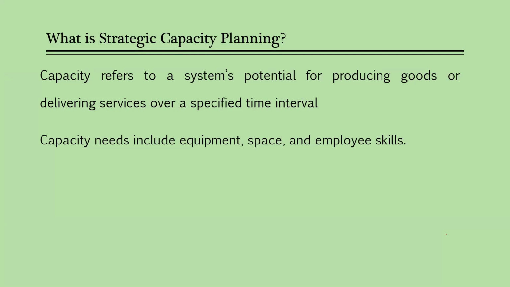And here we are focusing on a specific time interval, not for a foreseeable future. So here the capacity needs include equipment, space, and employee skills. Equipment means the machineries, tools which you are going to use for production. Space means the location or the factory. And employee skills may be skilled and unskilled employees, knowledge, ability, and talents.